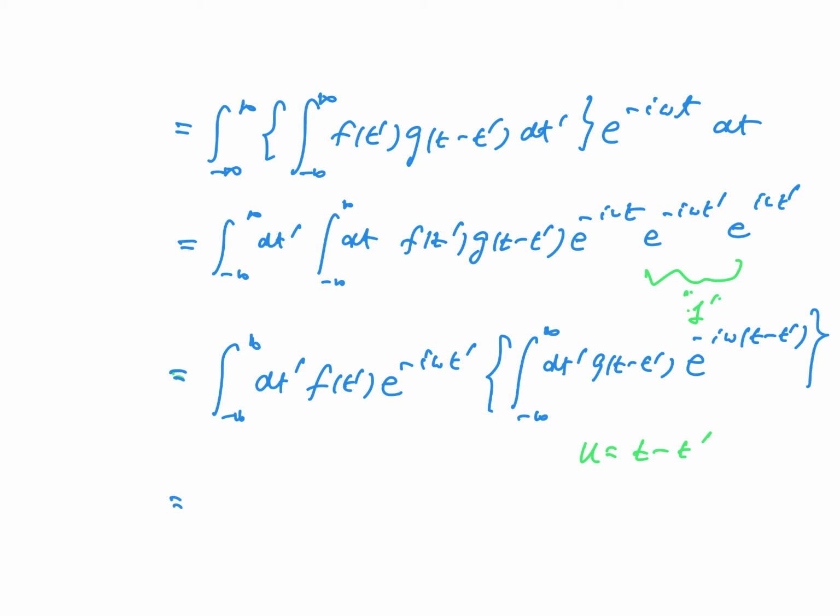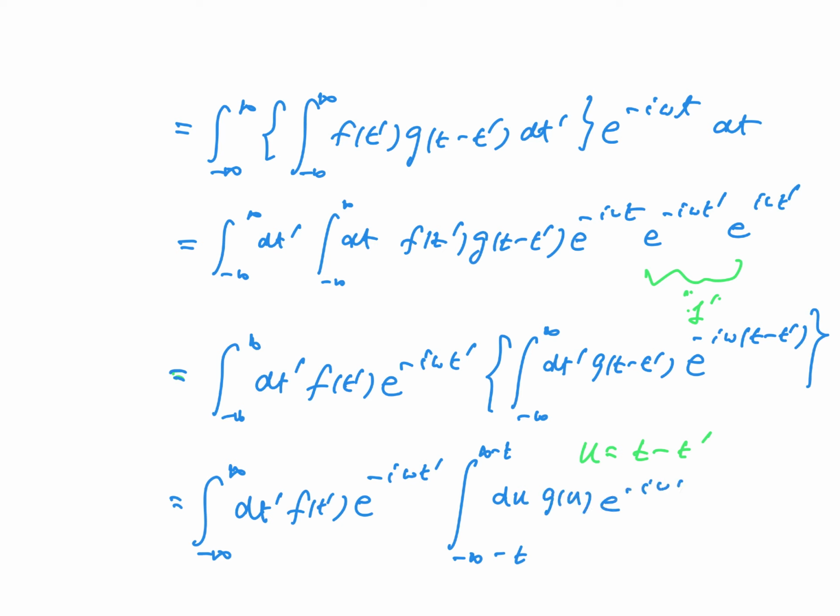Then this becomes the following integral: the integral from minus infinity to infinity of dt' f(t') exponential minus i omega t', and dt becomes du, so the integral of g(u) exponential minus i omega u.